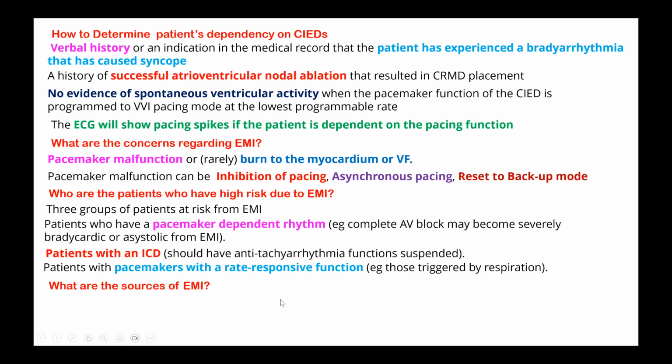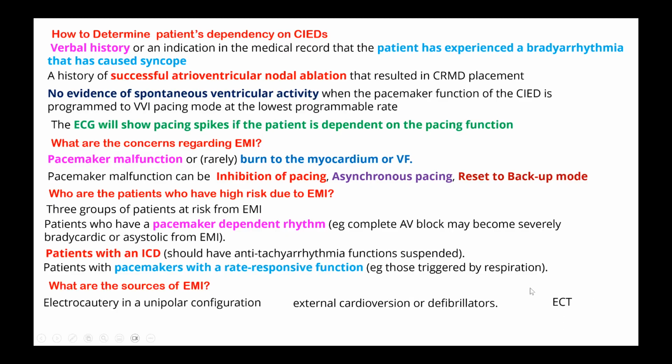And what are the sources of EMI? A lot of things are there: electrocautery in unipolar configuration, external cardioversion or defibrillator, in case suddenly the pacemaker dysfunctions. If you are going to use a cardioverter or a defibrillator, that will affect. If patients with this pacemaker go for electroconvulsive therapy, they will definitely have a problem.